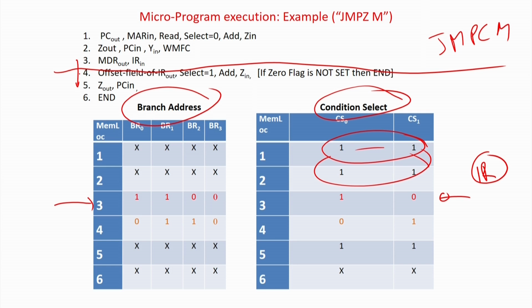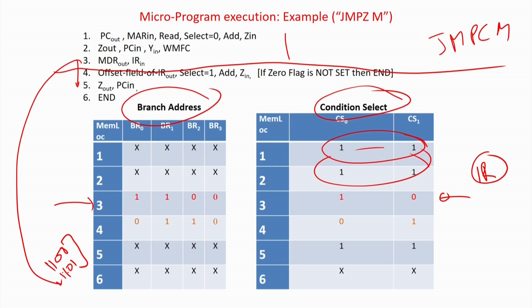But if it is a jump on carry, then from 3 you will jump to another location, which is memory location number 12. I am assuming that 1 2 3 is common for both, because 1 2 3 corresponds to both jump on Z and jump on carry. But 4 and 5 are explicit for jump on Z, and maybe memory locations 11, 12 and 13 will be fixed for jump on carry.